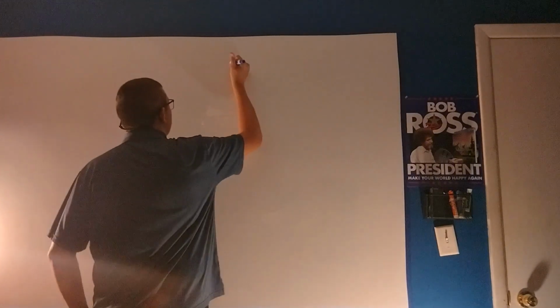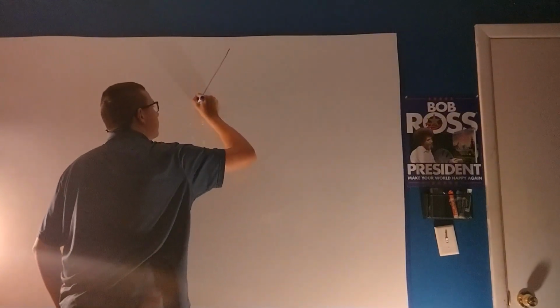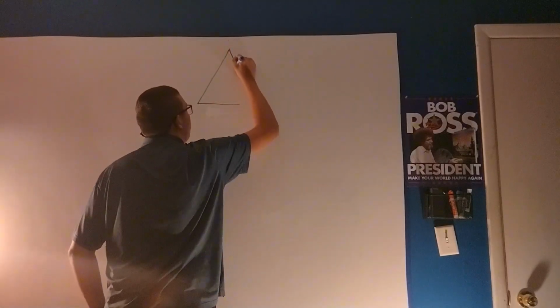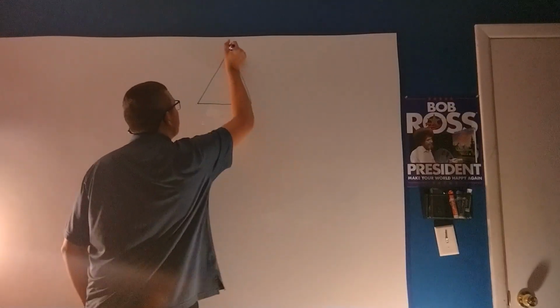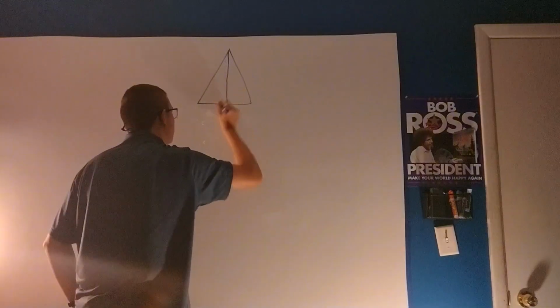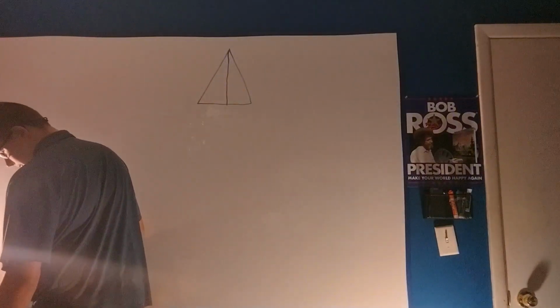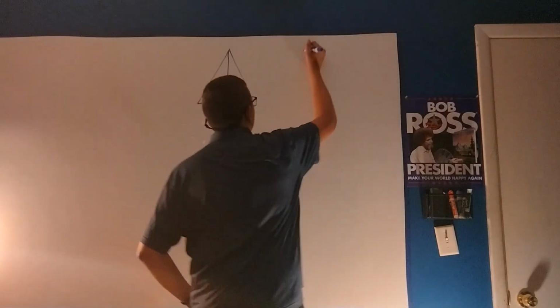So here we're going to have a triangle that looks like this, and we have a line cutting them right here. And we are told, let's write our givens.